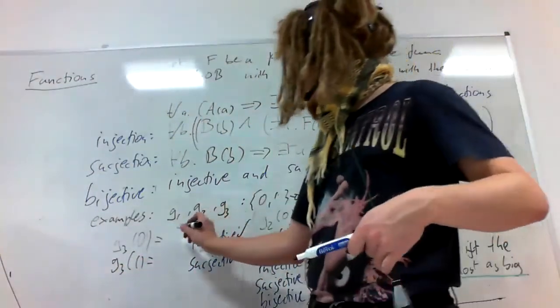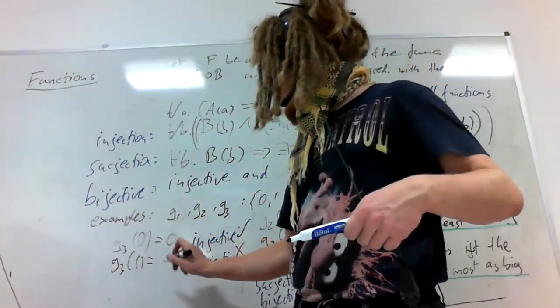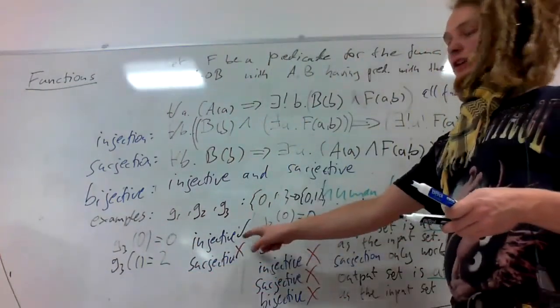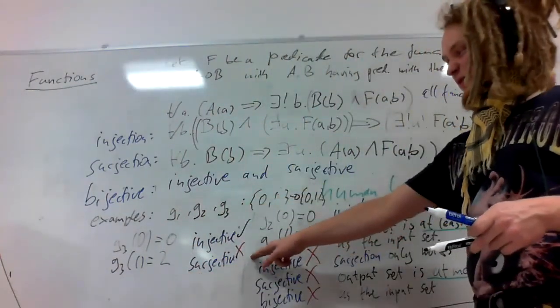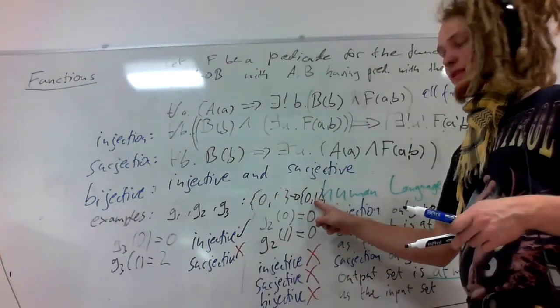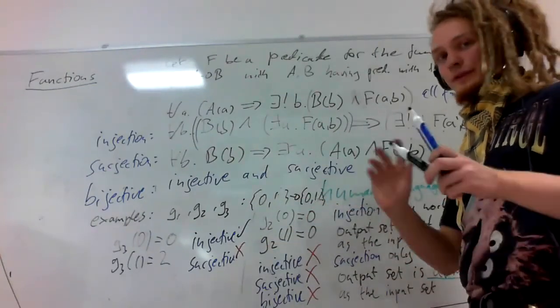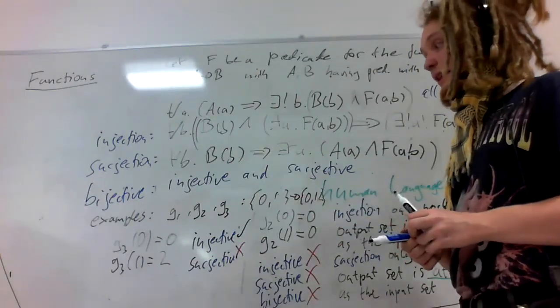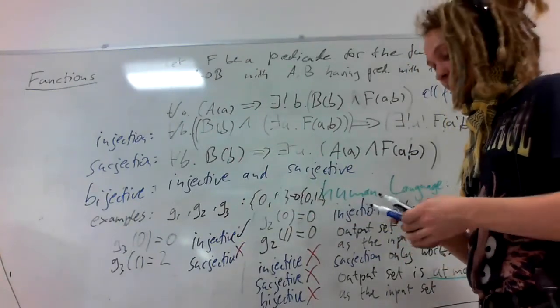So the 0 goes maybe just to the 0, and the 1 goes to the 2 or something, right? Now we're definitely being injective. Nothing is hit twice, but we're obviously also not surjective because we missed the 1. So this would be an example for a function that's injective but not surjective.